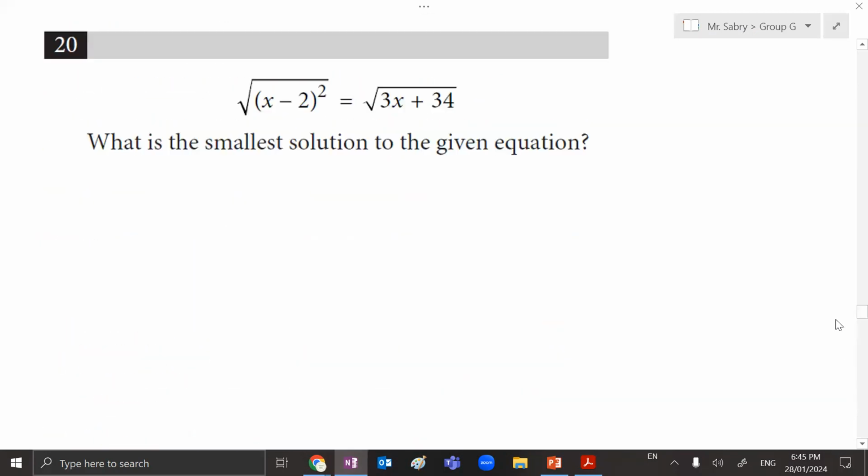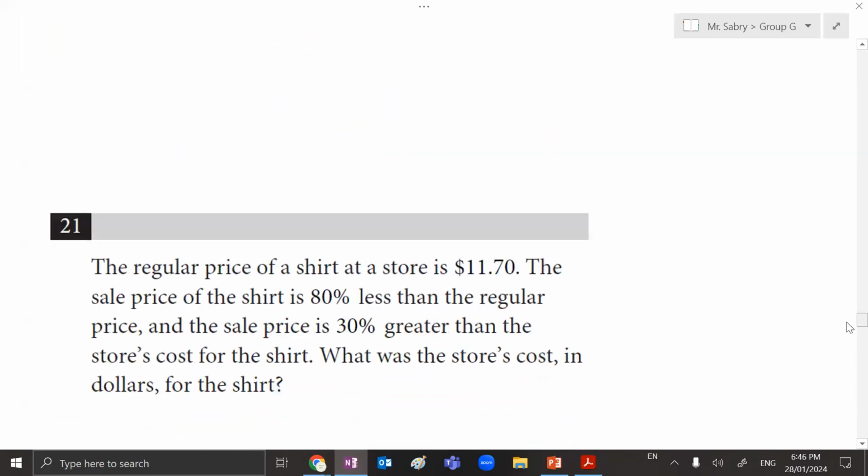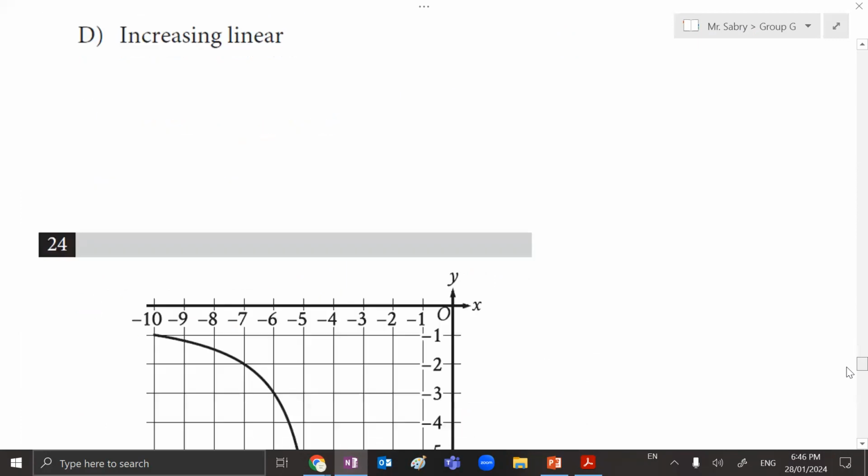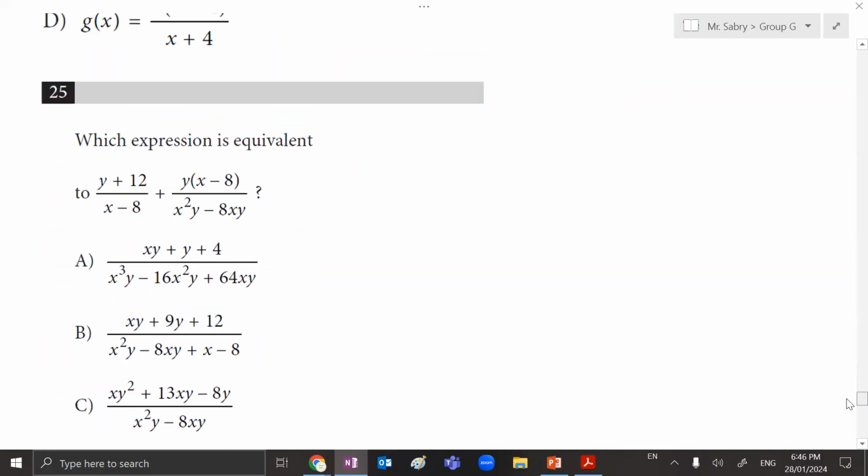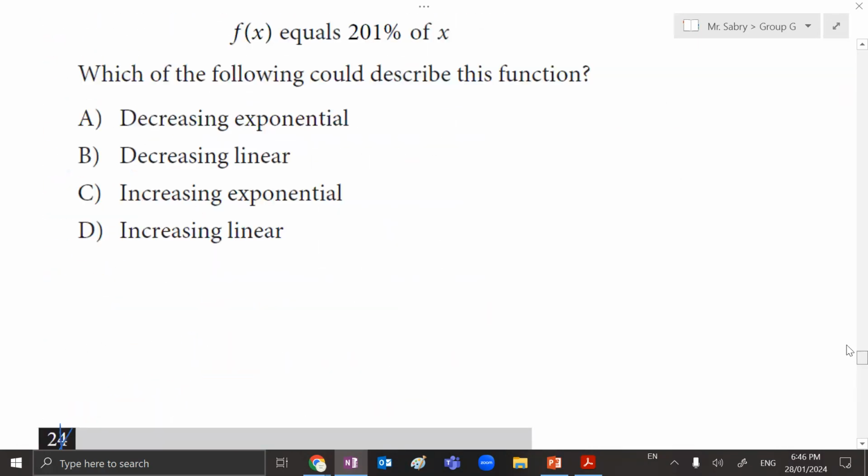Okay. And Majid, what did you get wrong? Okay, 20. Okay. So 24, 28. Okay, 25. Okay, perfect. So let's start from the beginning. I think the first thing you had an issue with was number 20.